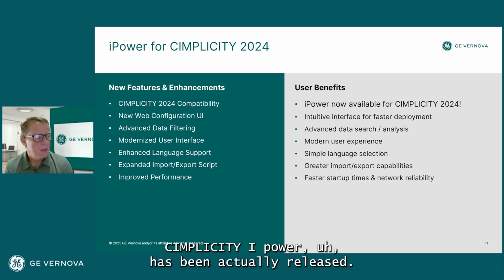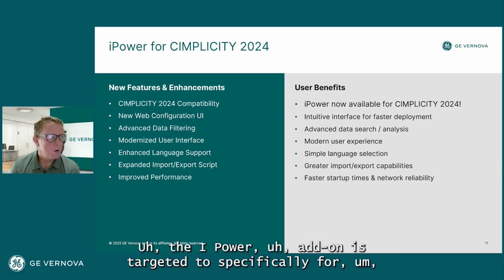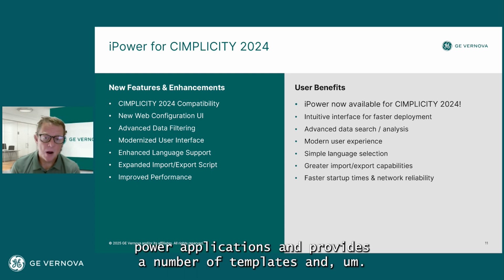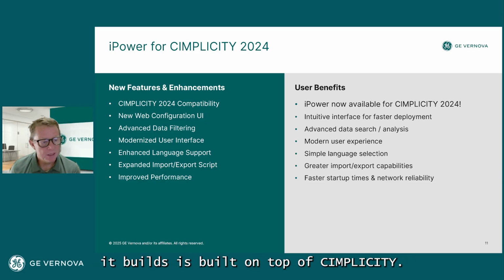Cimplicity iPower has actually been released. I wanted to highlight that it is now available for Cimplicity 2024. The iPower add-on is targeted specifically for power applications and provides a number of templates, classes, objects, and tools that are very helpful in the power industry, and it is built on top of Cimplicity.